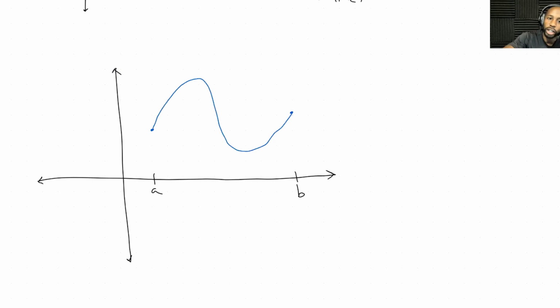Okay, so once again, you got point A, you got point B. Now, the secant line is going to look something like this because it's going to be f of B minus f of A over B minus A. I'll keep all these lines purple.